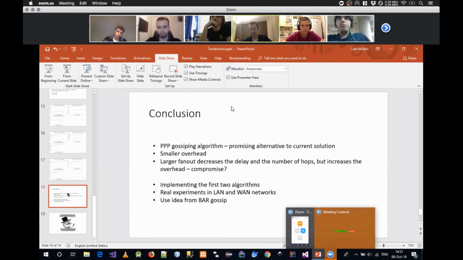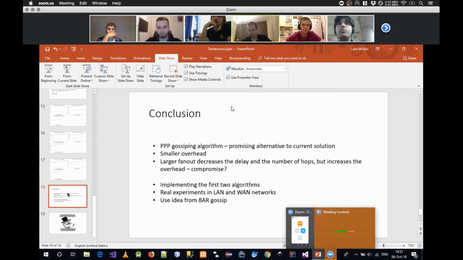And the BAR work is a series of papers. One is about BAR gossip, and then there are at least three more, which are about consensus and some example applications. BAR means Byzantine, altruistic, and rational. From the design point of view, they assume that some nodes in the network will be faulty, so Byzantine.